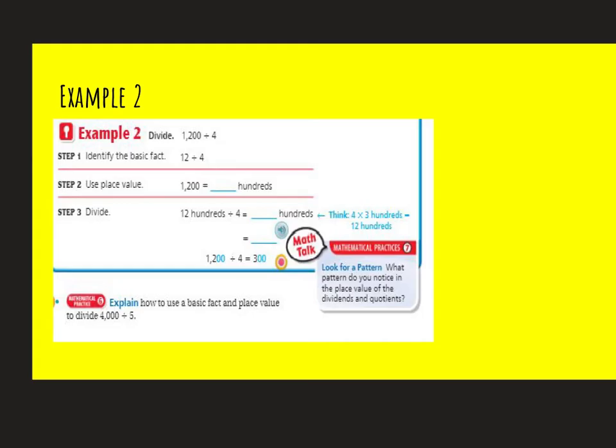Let's take another example. I have 1,200 divided by 4. I'm going to rewrite my problem so I can better work on it. And I'm going to identify my basic facts, which is 12 and 4. I'm going to circle my 0s because I'm going to ignore them for now. And I'm going to rewrite.